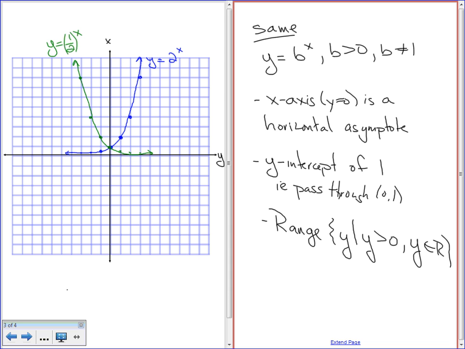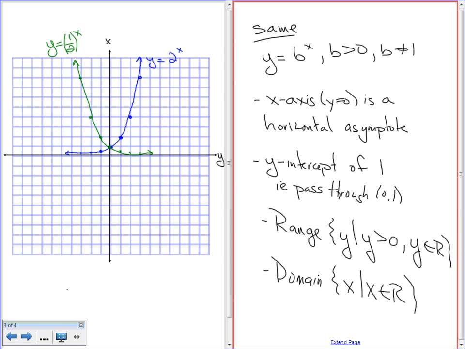Range goes with, what's the domain of both of these guys? Awesome. So these three things are true for any single exponential function of this form.